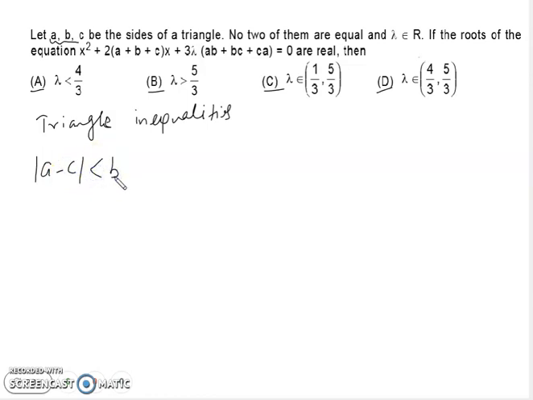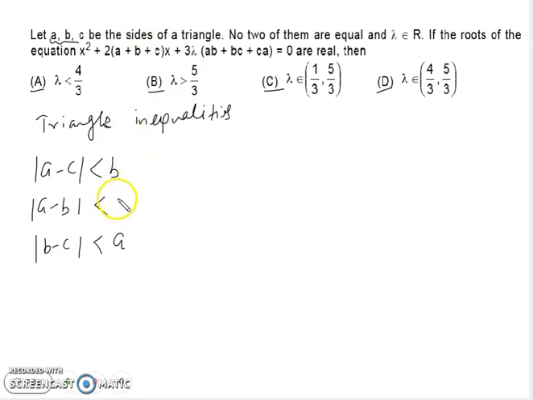So |a − c| is less than b, |a − b| is less than c, and |b − c| is less than a.